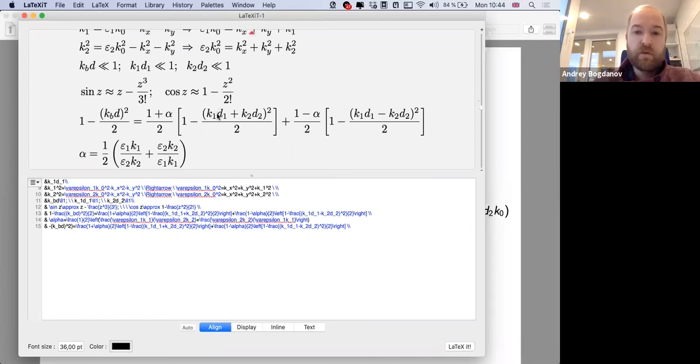So I have the sum of this bracket and this bracket. This bracket plus this bracket with minus.